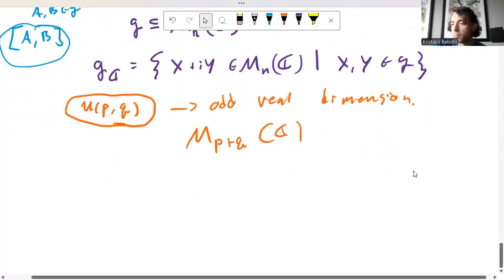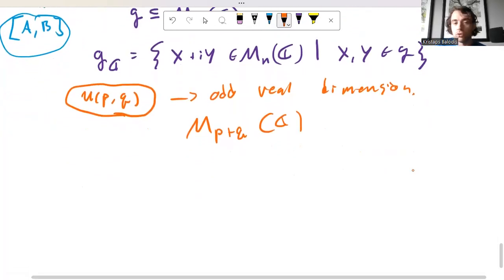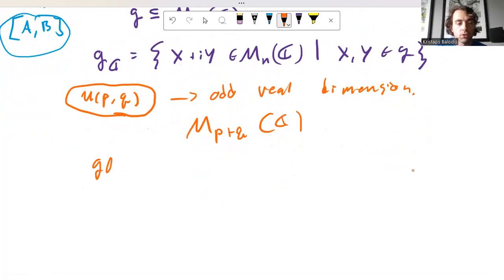So more generally, you can view gl(n,R), again just via the natural inclusion of the real numbers into the complex numbers, as sitting inside gl(n,C), or rather, perhaps I should say you should view it as sitting in M_n(C).